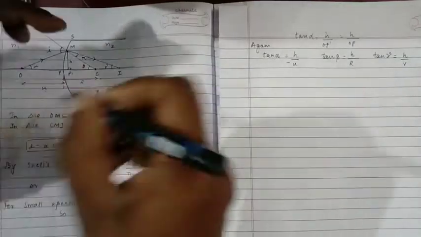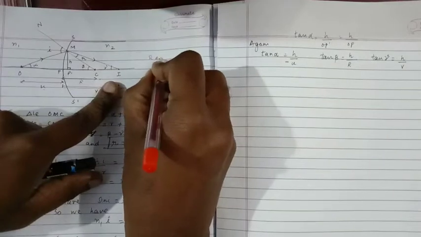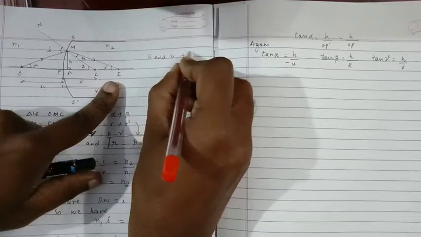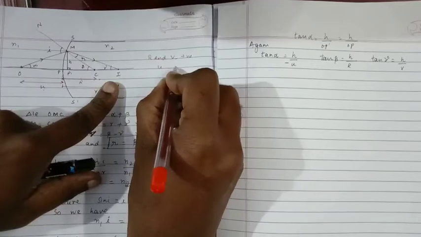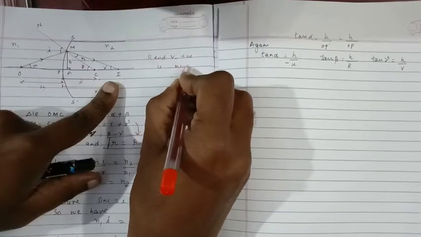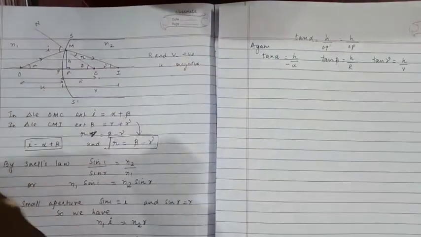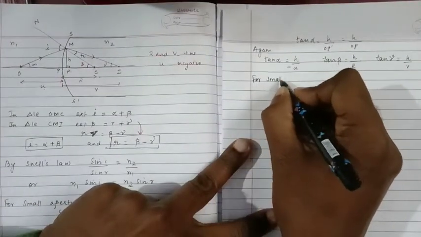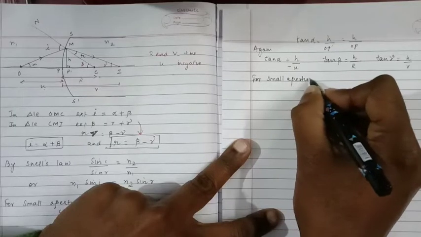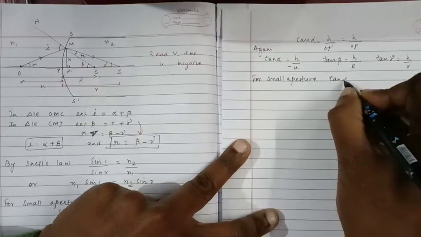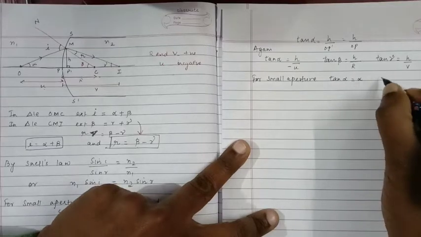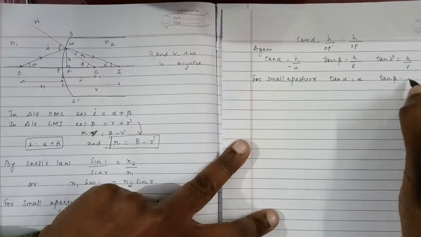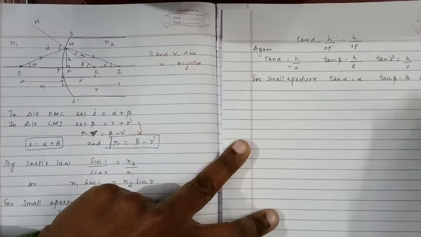I have already told you r and v positive and u is negative. Okay, now see, for small aperture, tan alpha will be almost equal to alpha, tan beta will be almost equal to beta, and tan gamma will be almost equal to gamma.